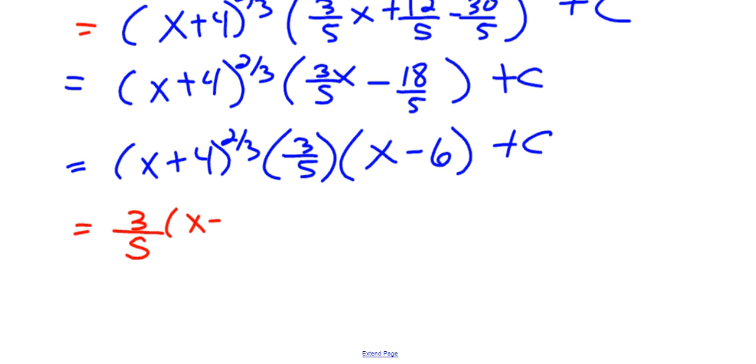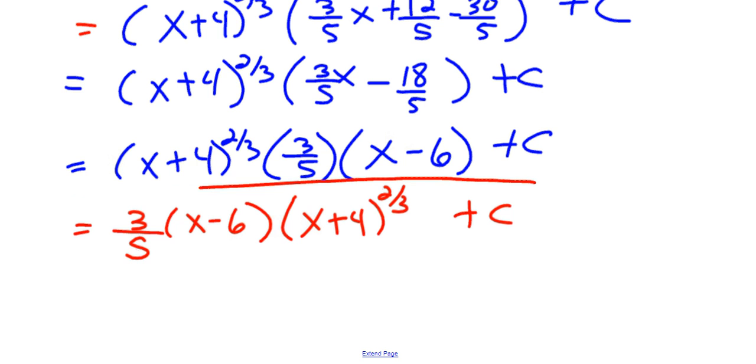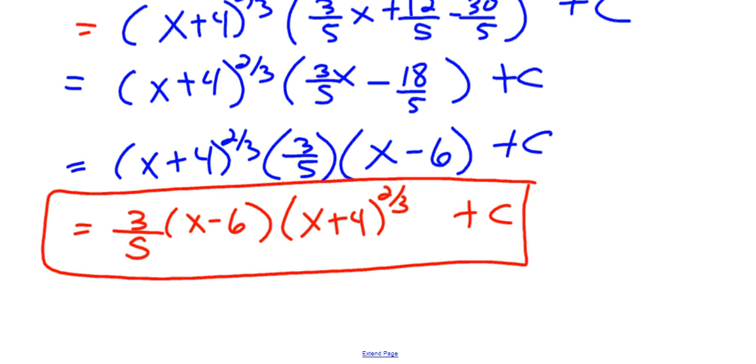So it's 3/5 times (x minus 6) times the quantity (x plus 4) raised to the 2/3 plus c. And that is how you may see this in some other capacity. So yes, we had some kind of binomial plus c, but now we've got it all down to technically one term plus c. I'm going to show you now method 2 for the same problem.